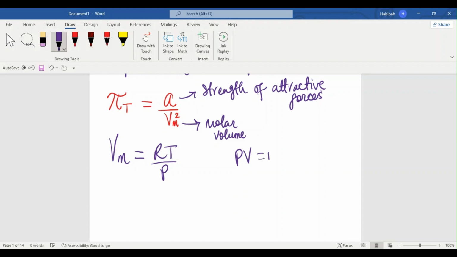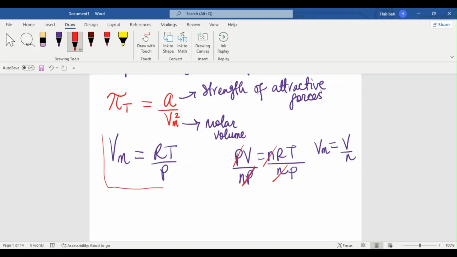Remember, PV equals nRT. Vm is the same thing as V divided by number of moles. So if you divide by number of moles and P on both sides, what you end up with is Vm equals RT over P.